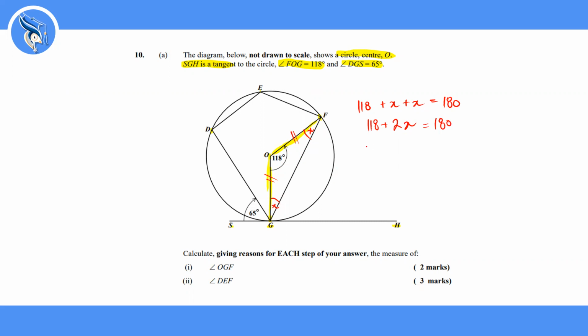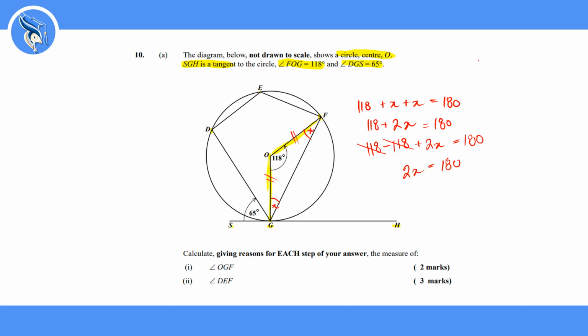So what's next? 118 minus 118 plus 2X equals 180. I hope you're picking up the patterns. I deliberately chose questions where we're repeating the same thing. 118 minus 118 is 0. So 2X is equal to 180.